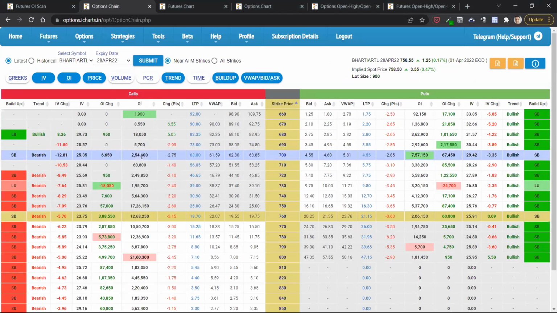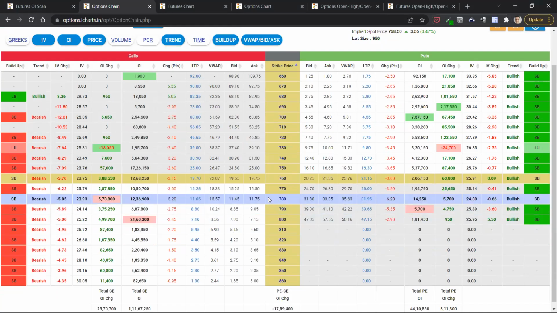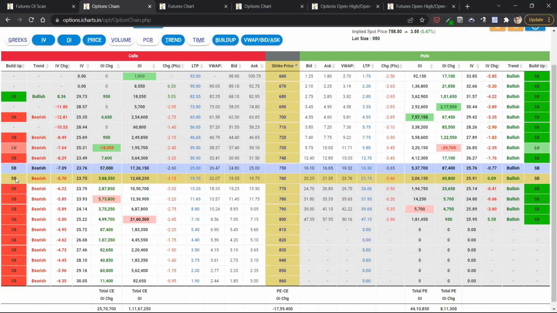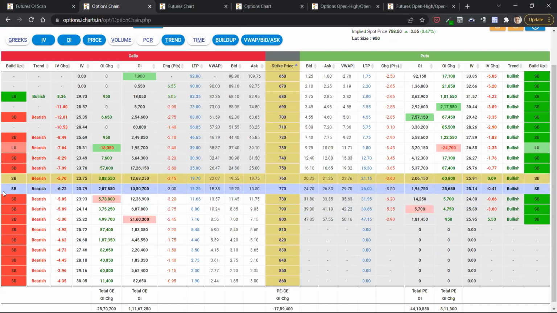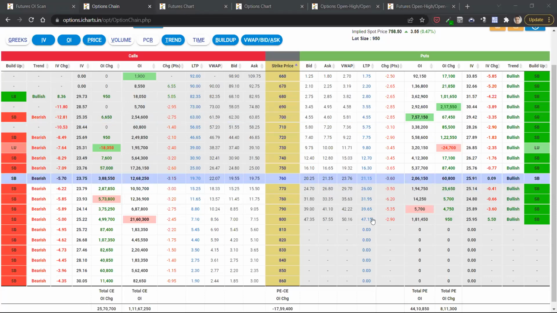Now, how is this interpretation important? Here, this shows a short build up on the call side, and on the put side it is bullish short build up. All this trend is from the point of view of sellers, right? Yes, this is the point of view of sellers.